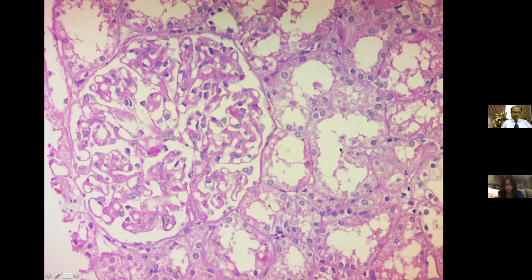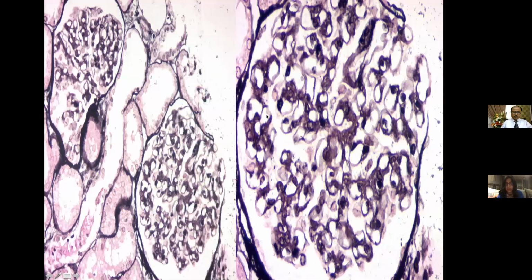This is her silver stain, and you can see the mesangium nicely delineated in the silver, as well as the affected glomerular basement membranes. You can see that you have these deposits on the glomerular basement membranes. However, they were silver stained. They did not lack the silver deposits.